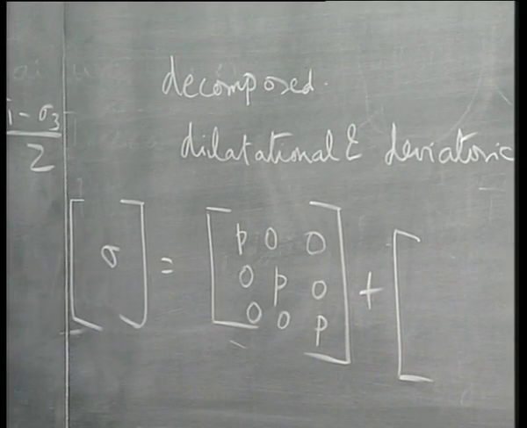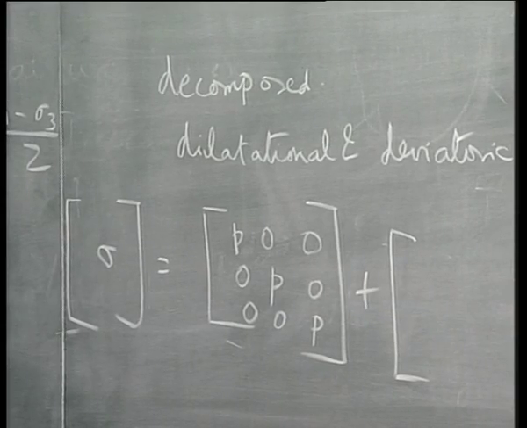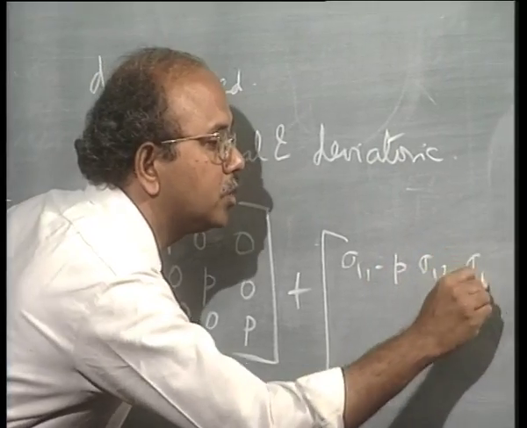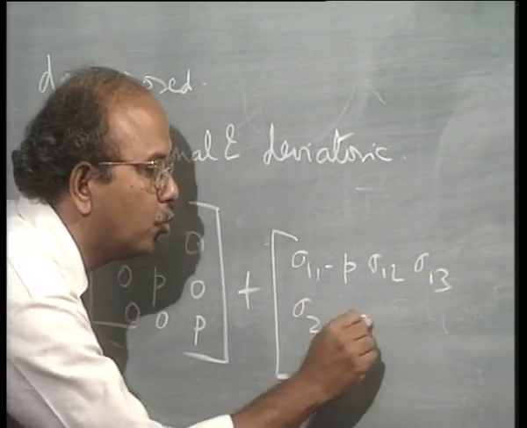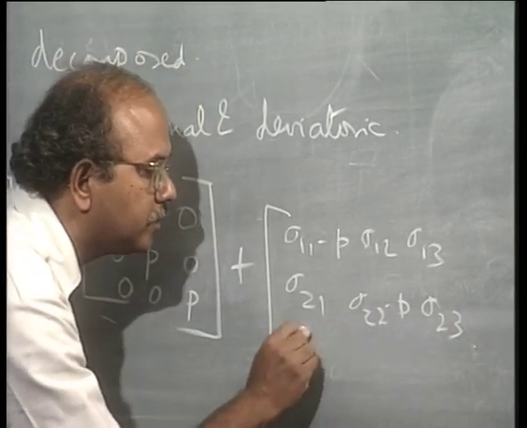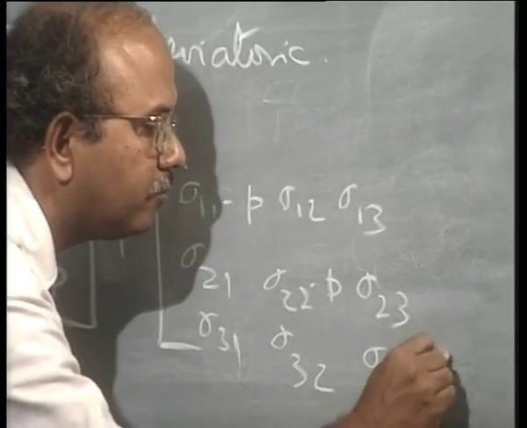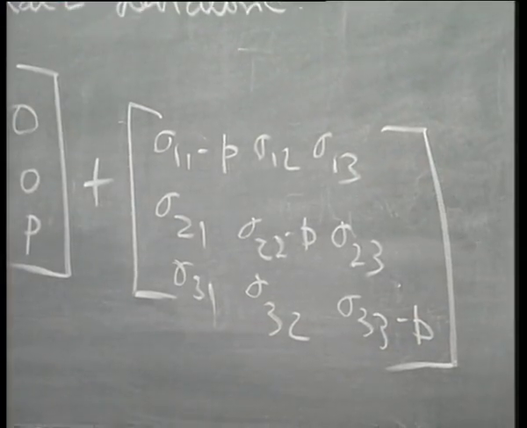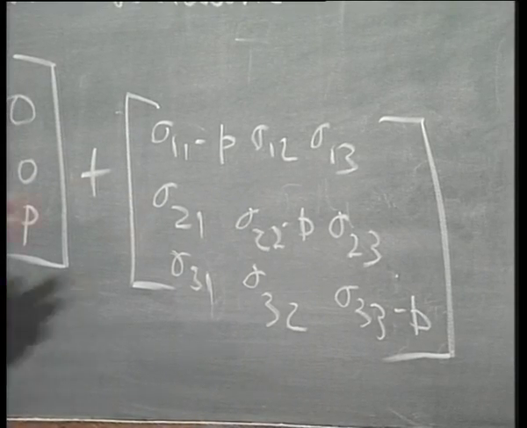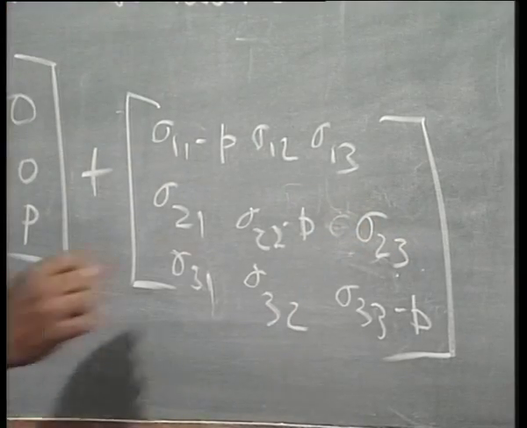Now I said it is additive decomposition, so what should be the other part here? It should be sigma 11 minus P, sigma 12, sigma 13, sigma 21, sigma 22 minus P, sigma 23, sigma 31, sigma 32, sigma 33 minus P. I hope it is clear.